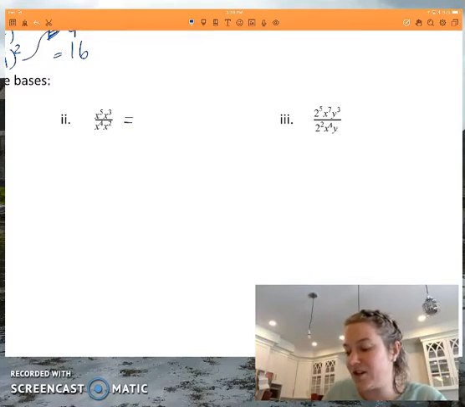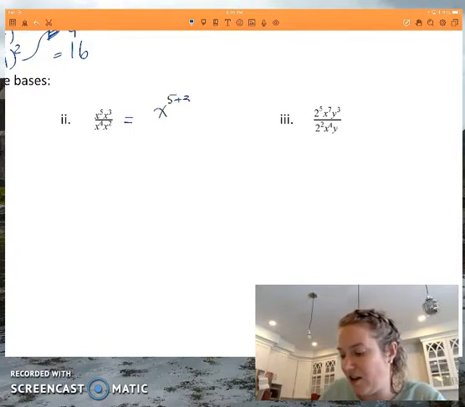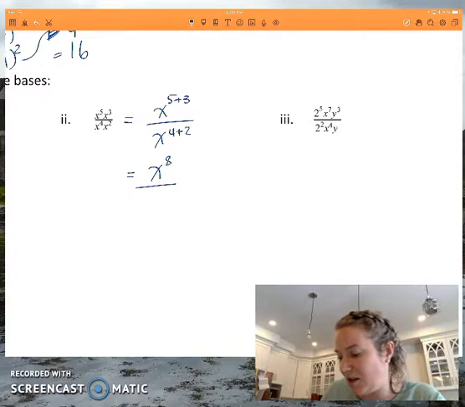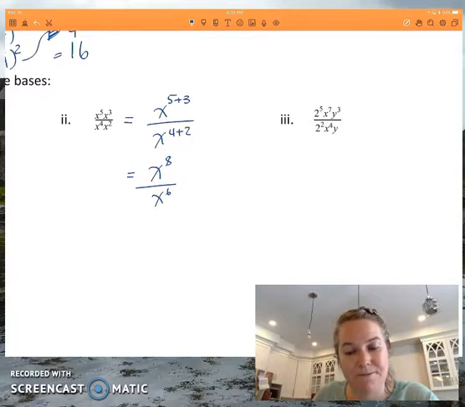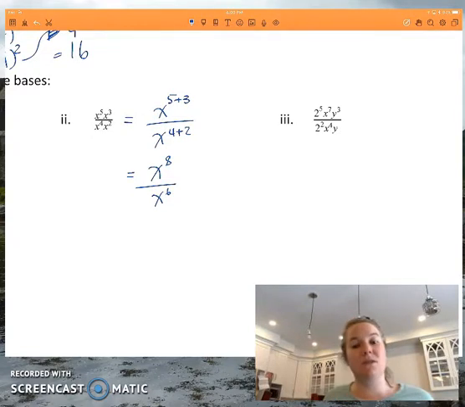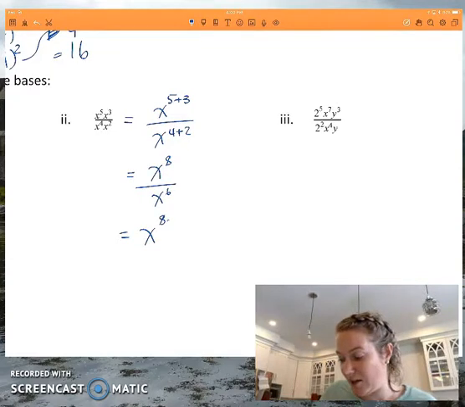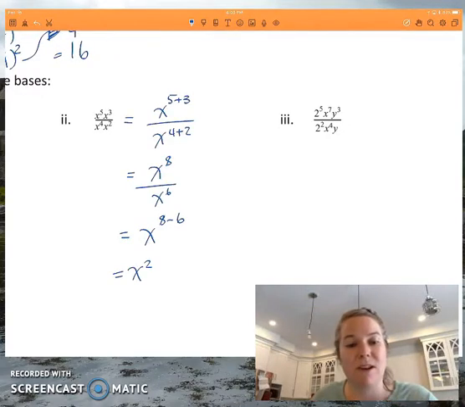So first, I'm going to do the multiplication rule step, and I'm going to say on top I have x to the 5 plus 3, and on the bottom I have x to the 4 plus 2, and that's going to give me x to the 8 over x to the 6. Am I done? No, now I'm into the division rule. So my base is still x, my numerator exponent is 8, my denominator exponent is 6, and I'm going to get x to the exponent 2 as my final answer.